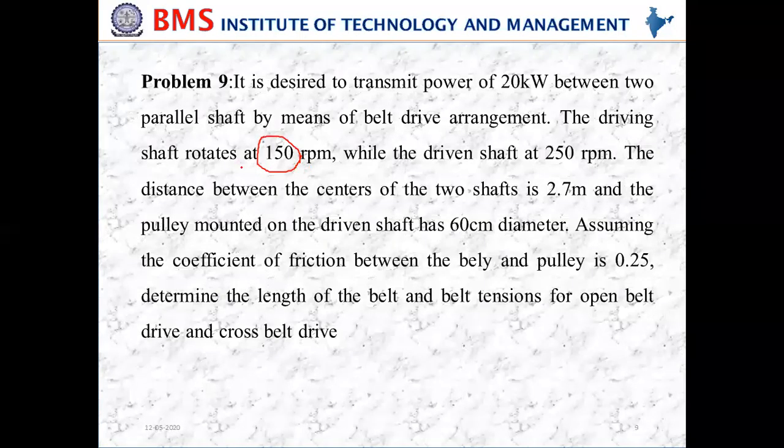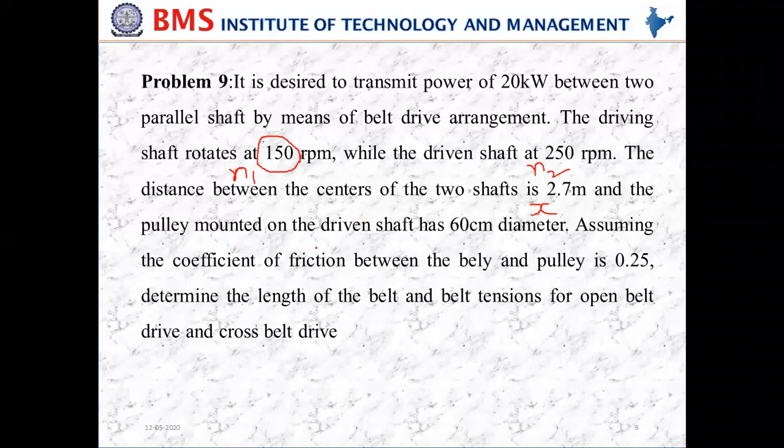If I take the speed of the driving shaft as N1, and the driven shaft as N2, then the distance between the centers of the two shafts is given as C, that is, the central distance, which we can represent as x in the derivations.